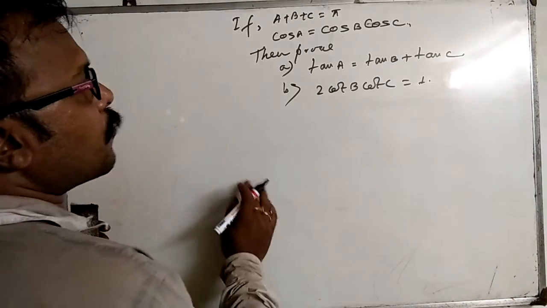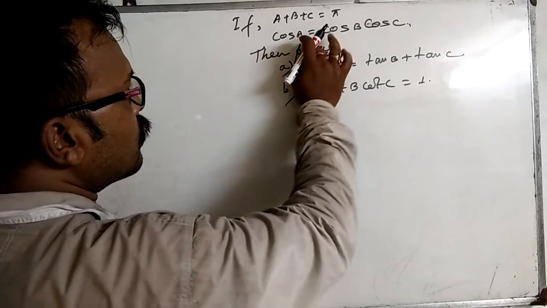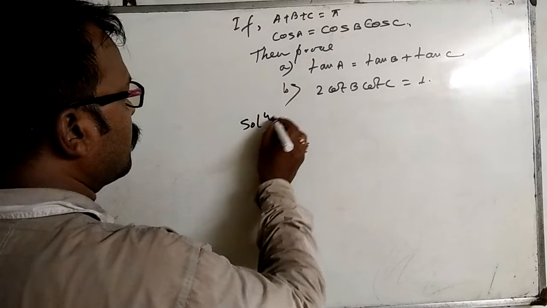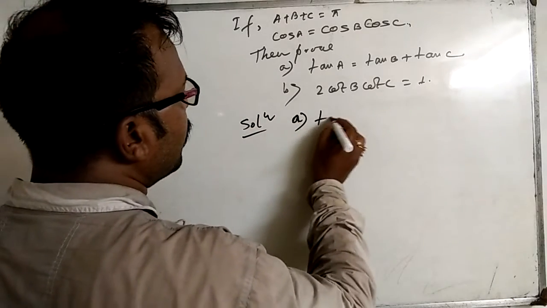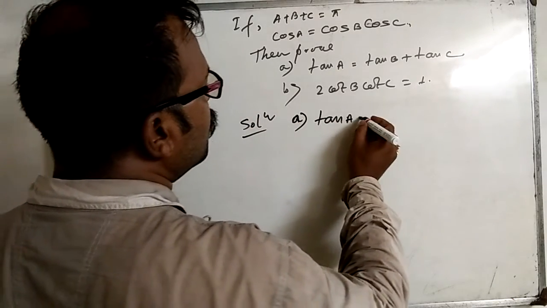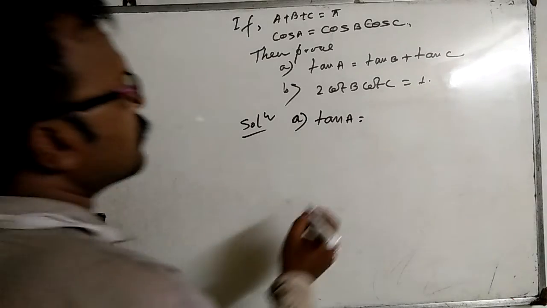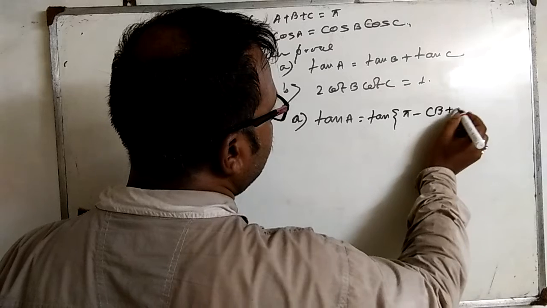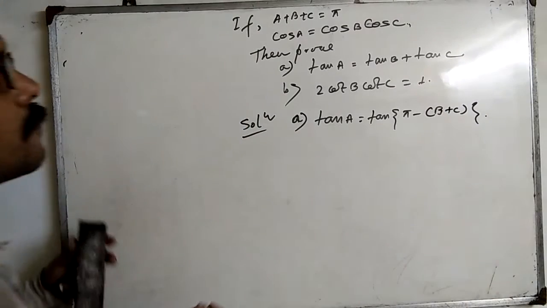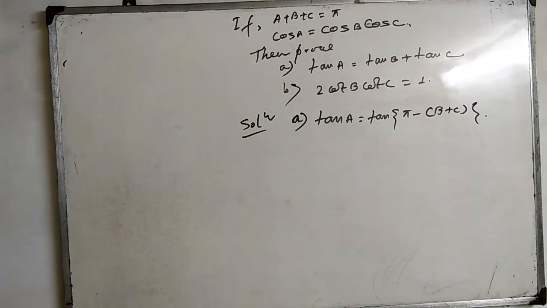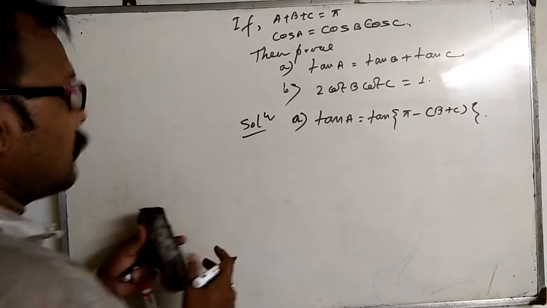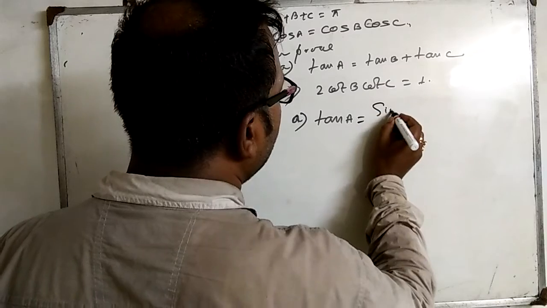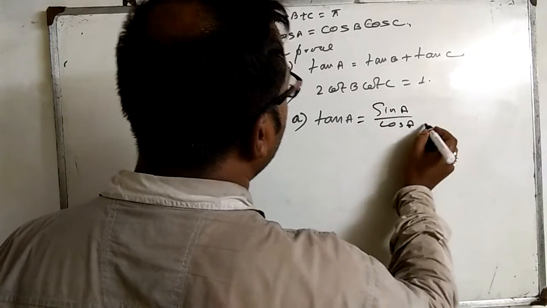A plus b plus c equals pi, and cos a equals that. Then we have to prove that. Now start. Tan a equals, we can write tan of pi minus b plus c, right? Either that, or we can write tan a equals sin a by cos a.